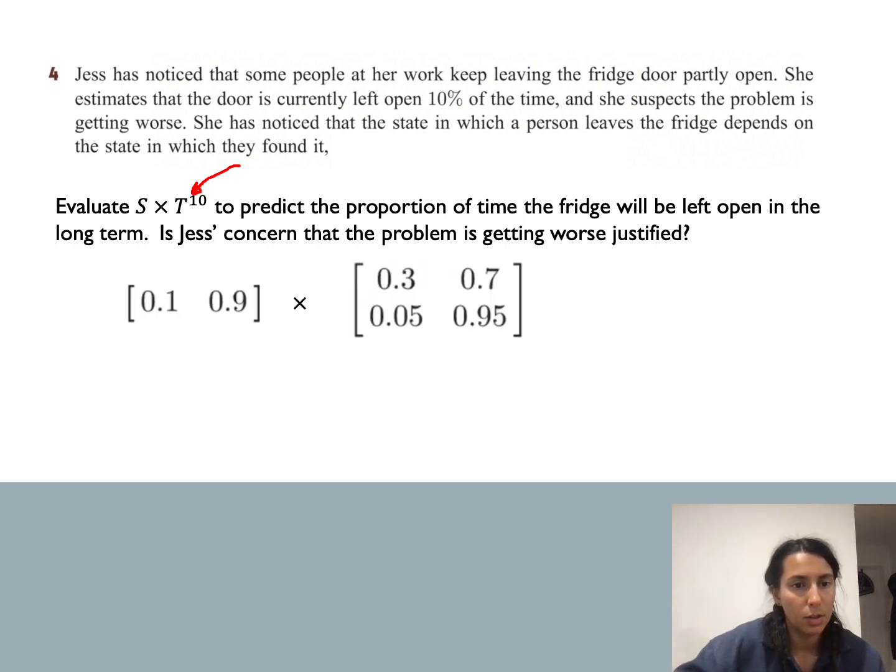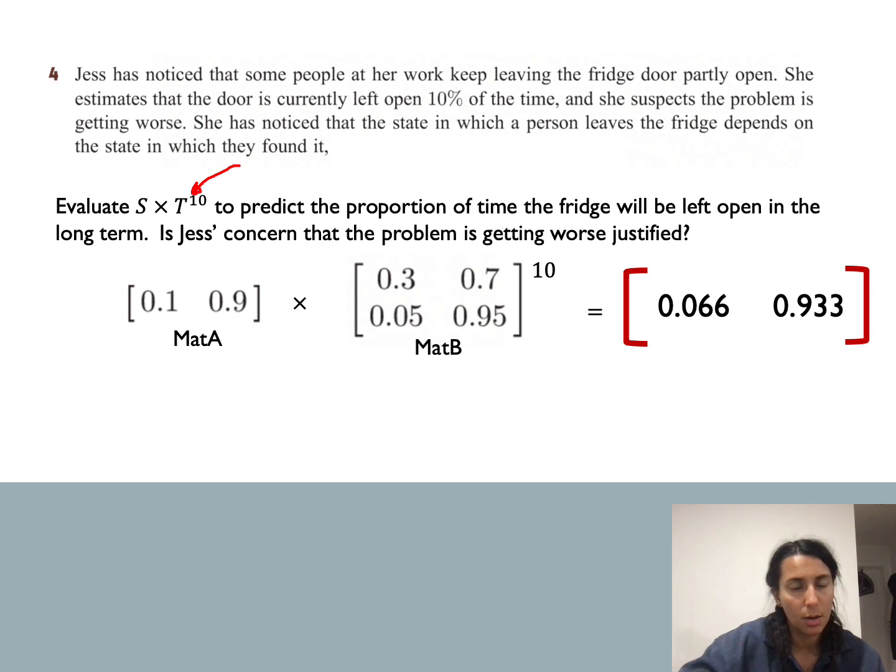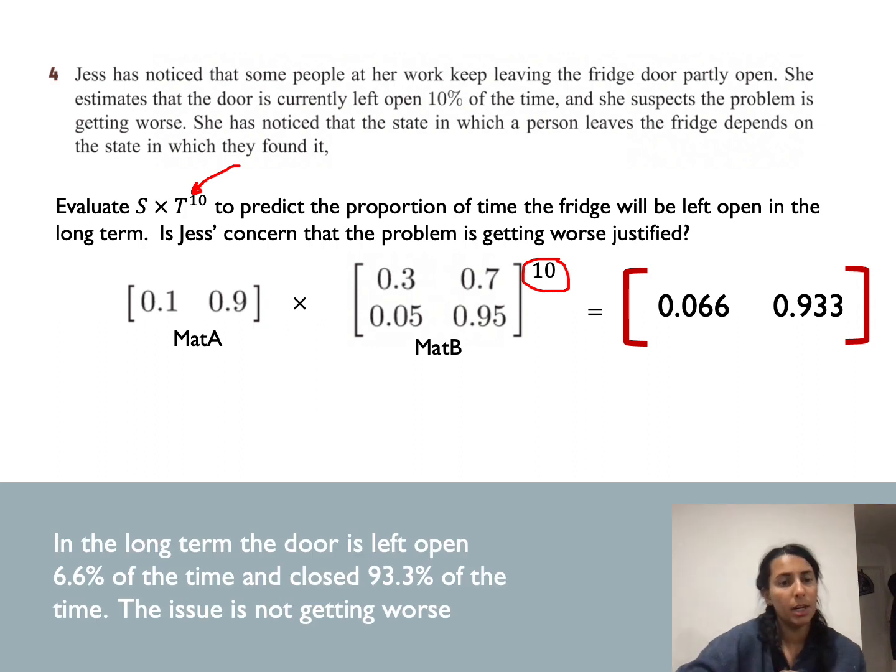Alright, so we're going to do S times T to the power of 10. Again, this will go in my graphics calculator just like it did in the question before. The only difference is I'm going to have to the power of 10. Now, this is the answer that I got, and interpreting it, it means that in the long term, the door is going to be left open 6.6% of the time and closed 93.3% of the time.